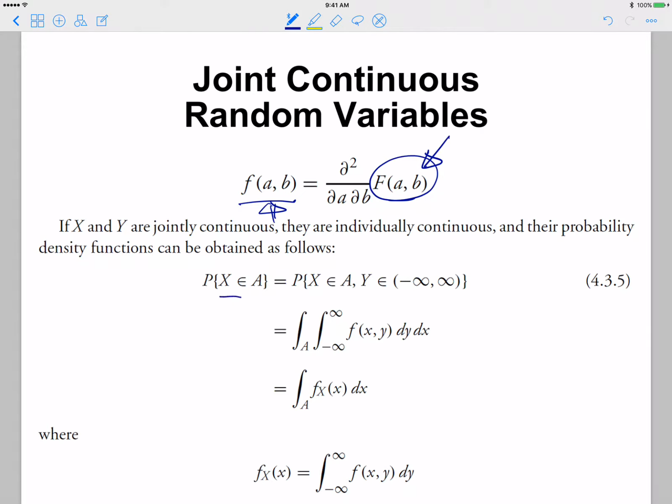Okay, and then if we consider a marginal probability value, so we ignore the y value here, and then we can consider all the possible y values.